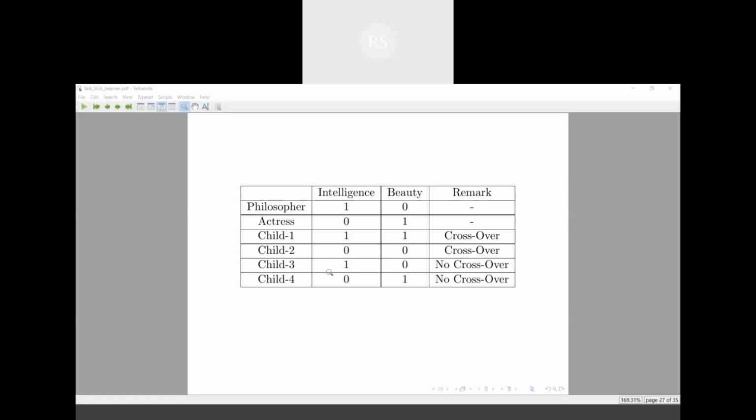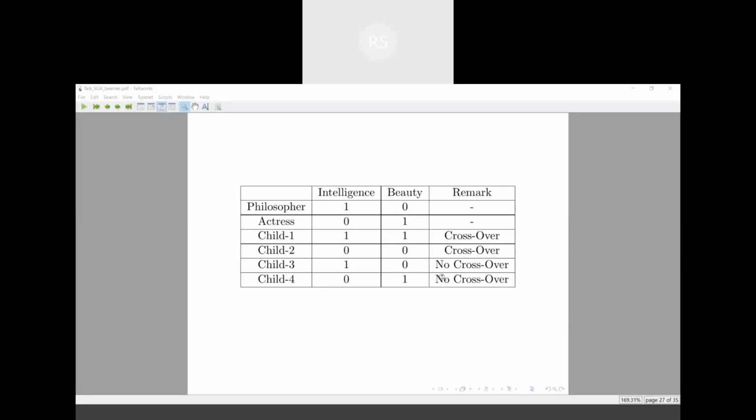So, child 3 can be a copy of the philosopher, child 4 can be a copy of the actress. Okay. I'll ask questions. If there is a crossover, then the two possibilities are listed here. And if there is no crossover, the possibilities are listed here. Child 3, child 4 are no crossover, child 1, child 2 are crossover.